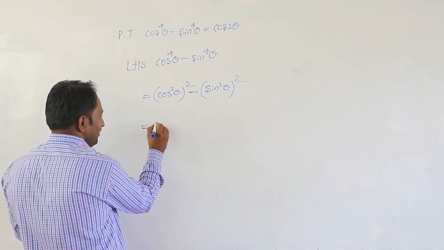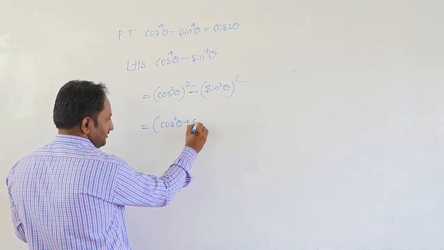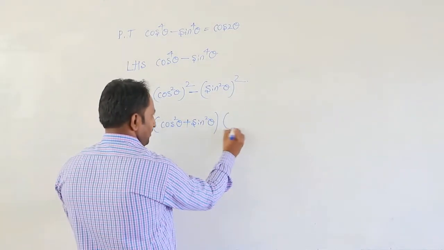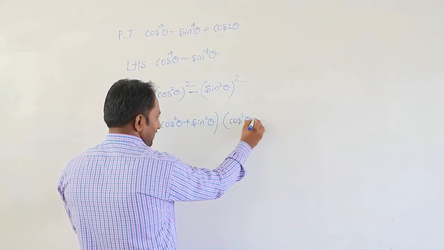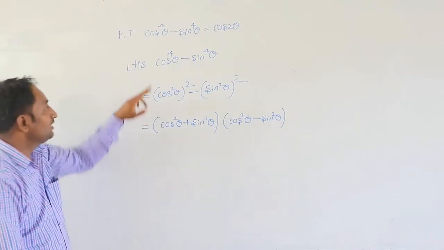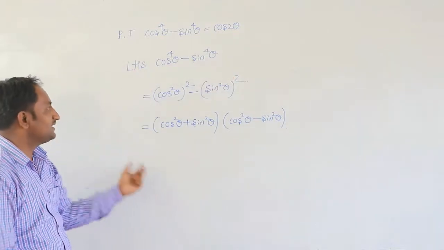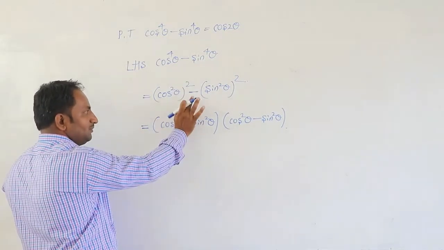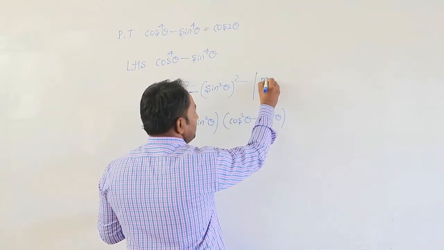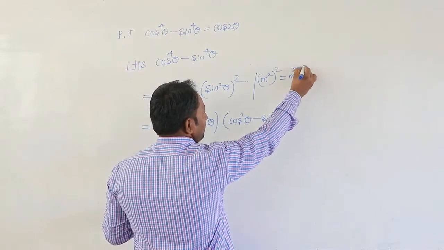We know the formula: cos square theta plus sin square theta, another bracket is cos square theta minus sin square theta. First, cos raised to 4 theta minus sin raised to 4 theta can be expressed as cos square theta whole square minus sin square theta whole square, because m square whole square is equal to m to the power 2 into 2.